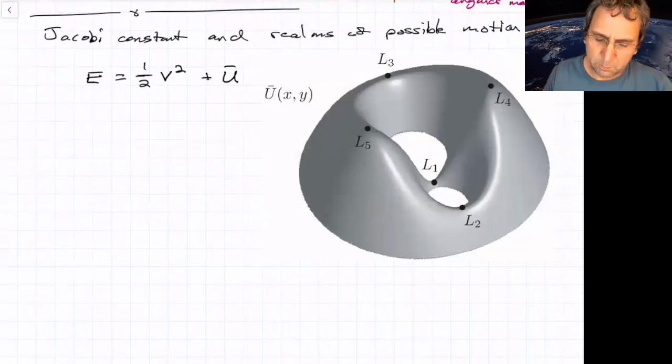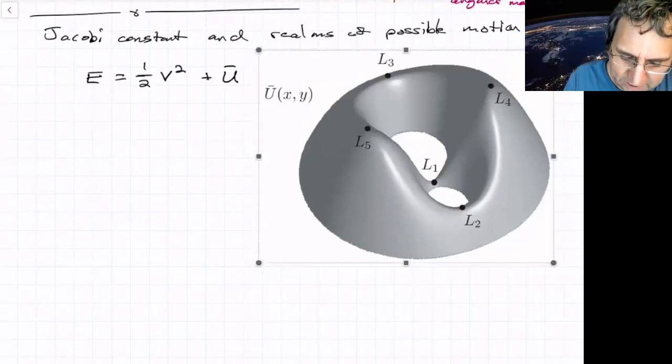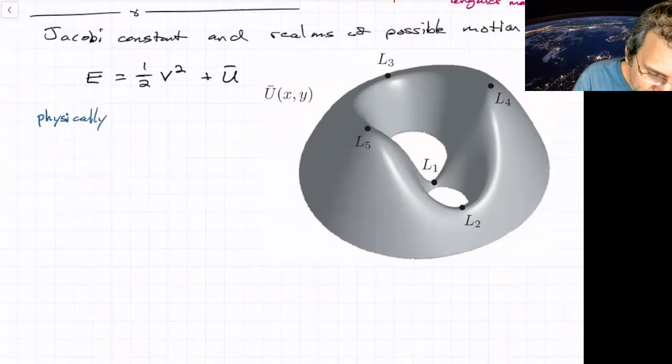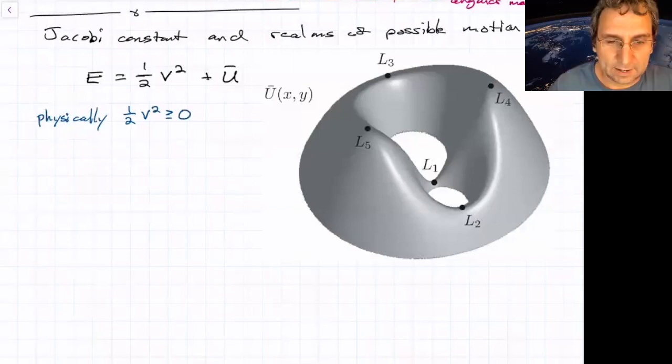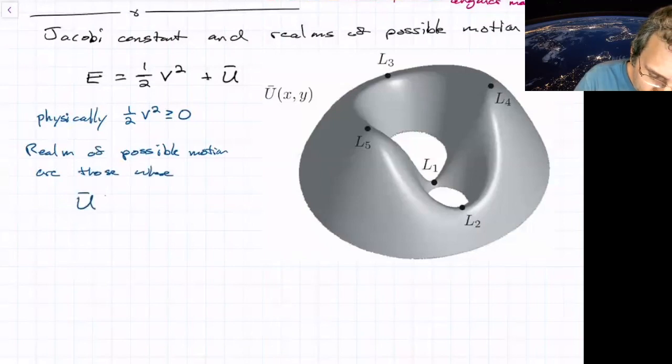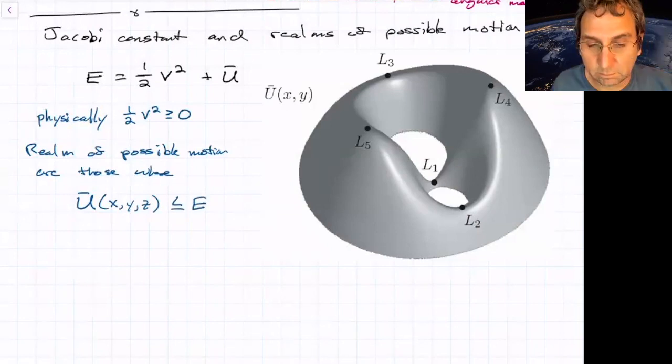As the particle is moving around, its energy has to stay constant. Its velocity in the rotating frame, the magnitude, is never going to go below 0. So physically, even in a rotating frame, you're always going to have 1/2 v squared greater than or equal to 0. And if that's the case, then the realm of possible motion, or the locations of possible motion, are those where u bar of x, y, and z is less than or equal to the value of the energy.